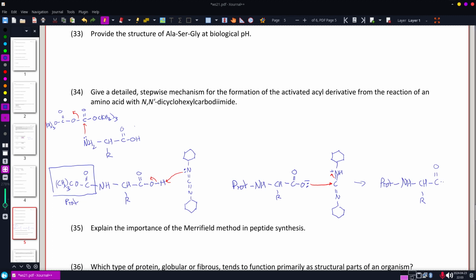Excuse me. Where this O is now connected to that carbon with a single bond to an NH with a lone pair on it now, and then the cyclohexyl group. And the bottom looks exactly the same, giving us an activated amino acid ready for that next step on the reaction.